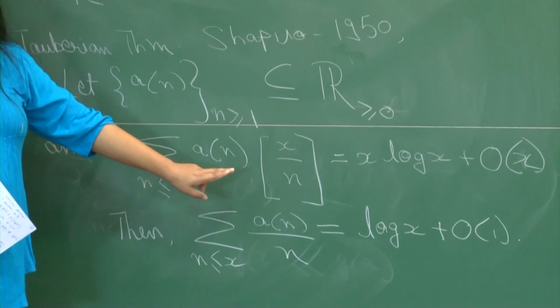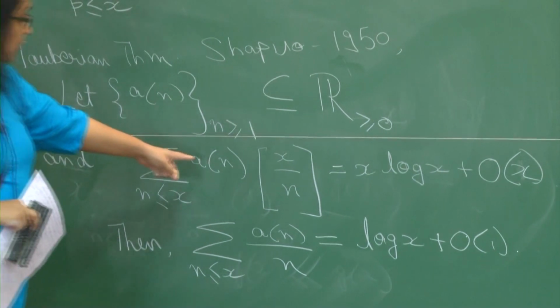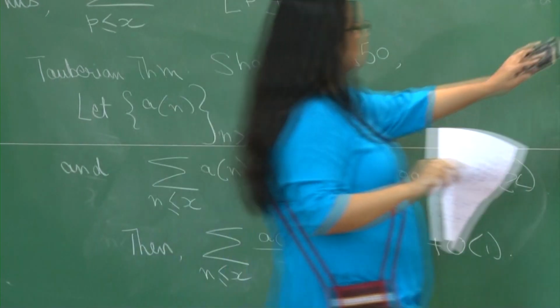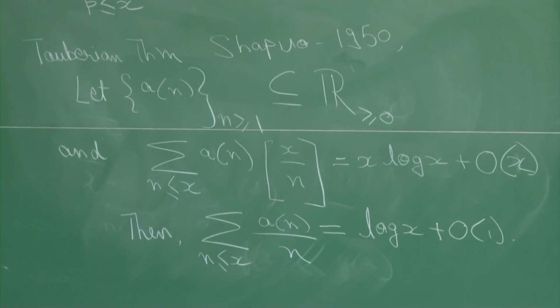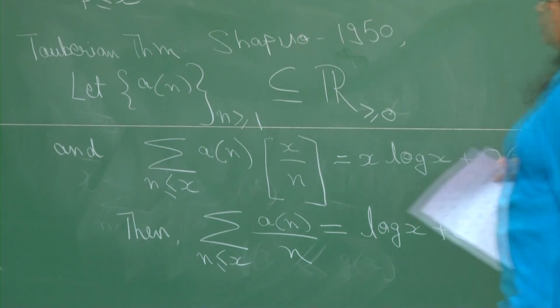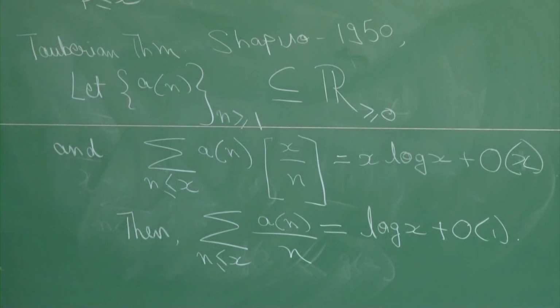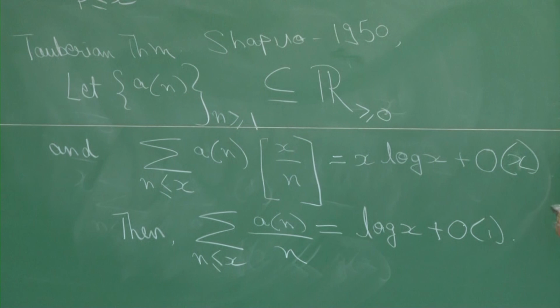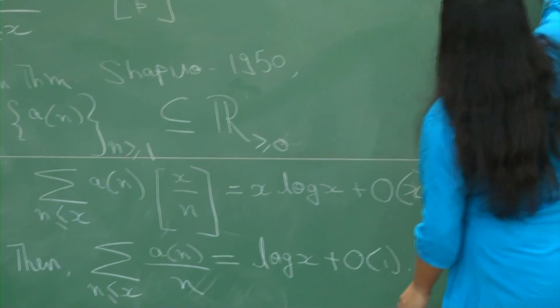So, this is your Tauberian theorem that relates both these weights to each other. We will prove this in our live session, but for now we are going to use it for our purposes today. So, now what you do is choose an application of this theorem.